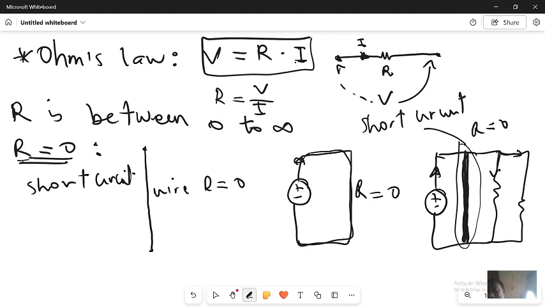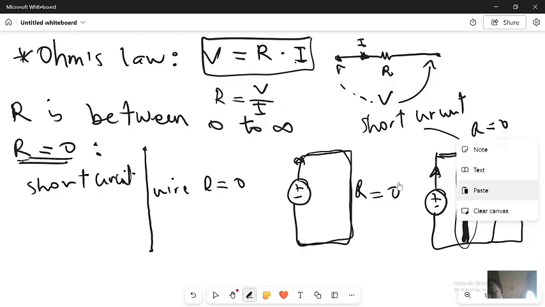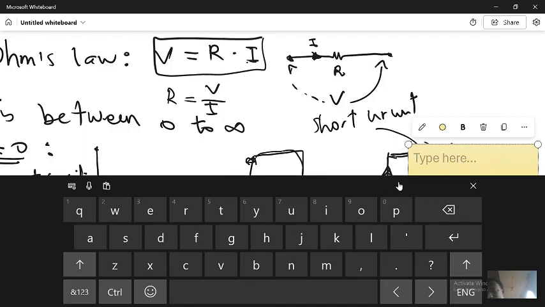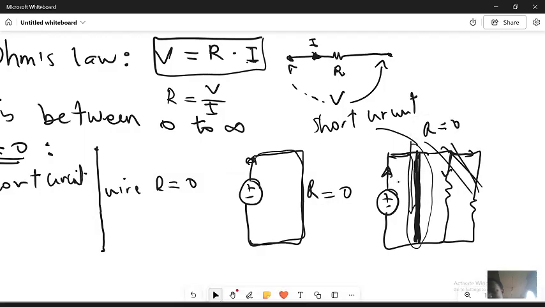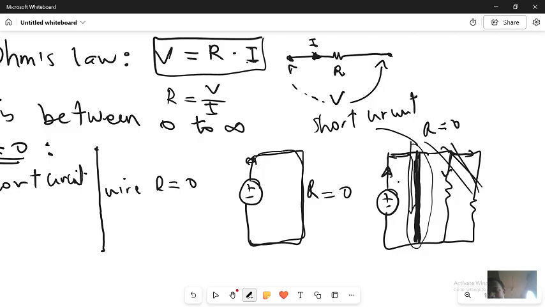That means all the current will pass through the wire. There will be no current passing through this resistor, because I shorted it. When I short it, all the current produced in this source will pass through this wire.